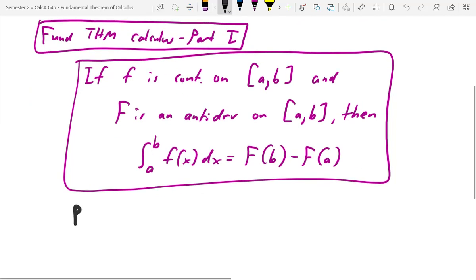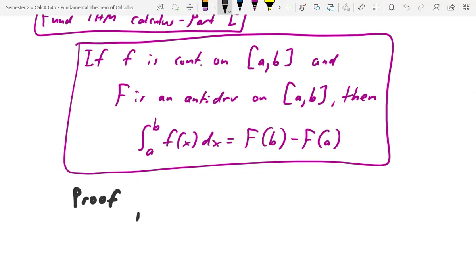One of the proofs of this, and this is going to be a little mini proof for you, has to do with taking a region like this, where I have a and b as my endpoints.